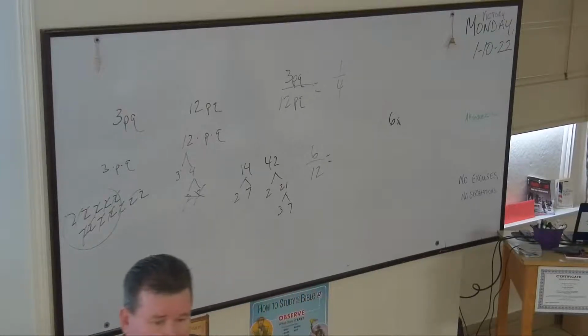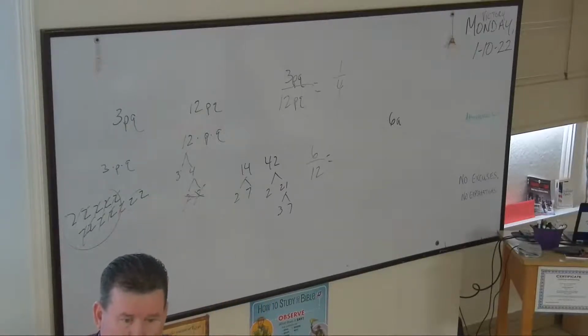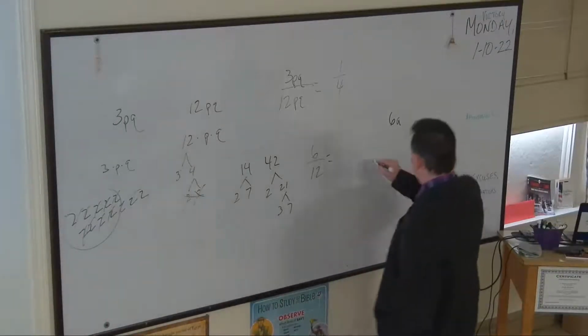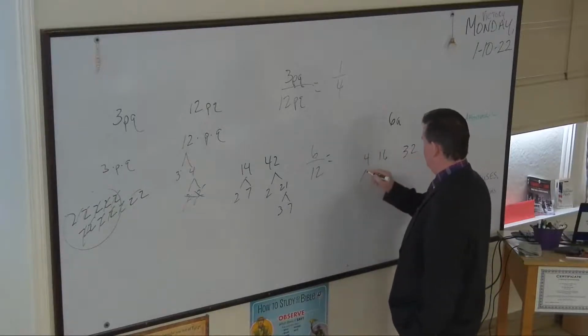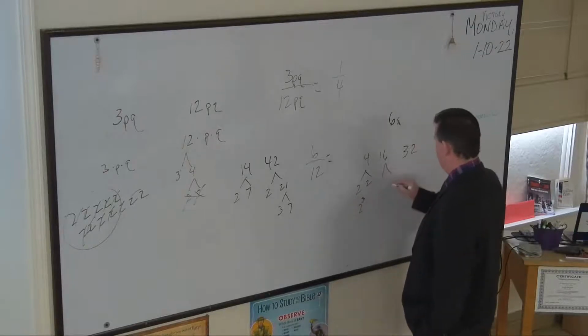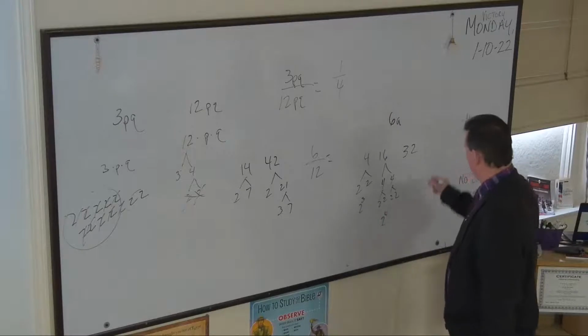How would that look as prime factors? What if you did that by using the prime factorization method for 16 and 32? You got 2 times 2, or 2 squared. You got 2 times 2 times 2 times 2, or 2 to the 4th.